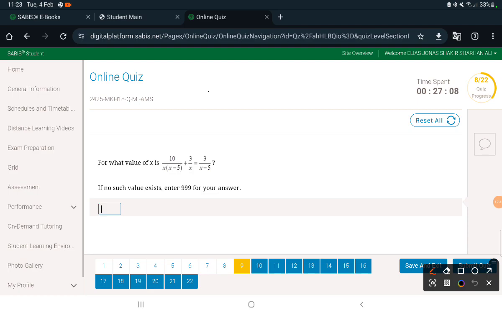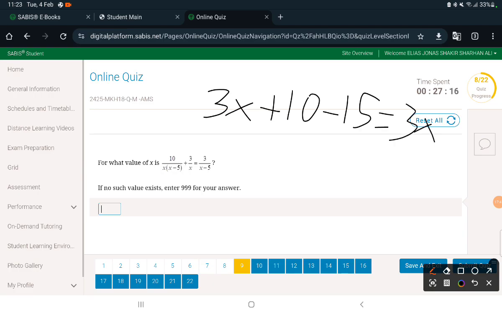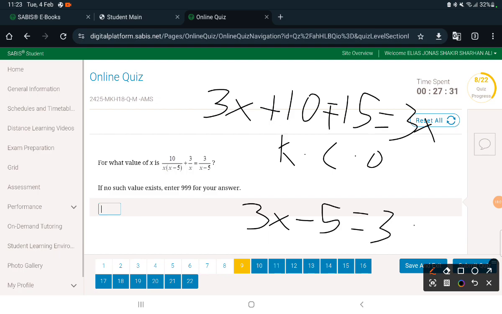So we get 3x plus 10 minus 15 equals 3x. Positive 10 minus 15, change opposite. That will be minus 5. So we have 3x minus 5 is equal to 3x.